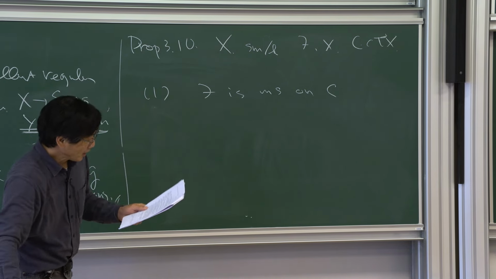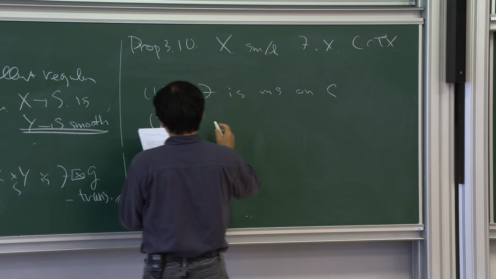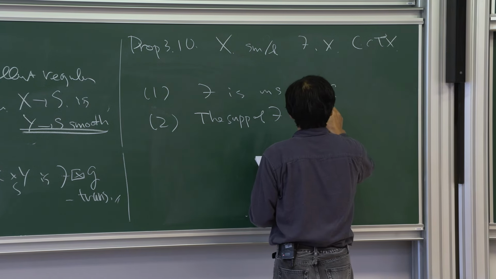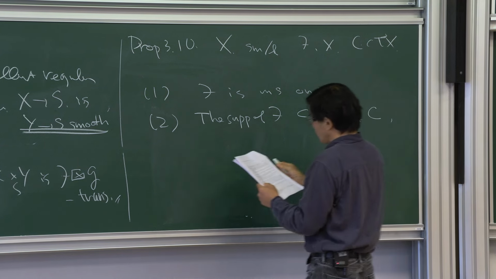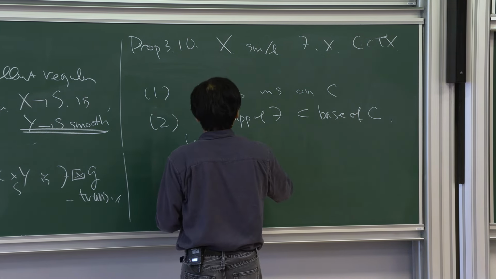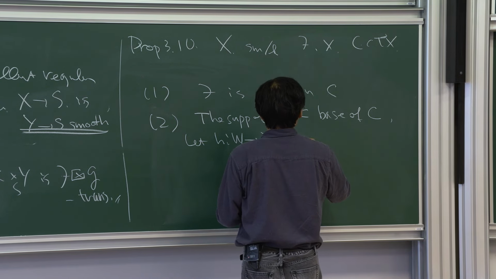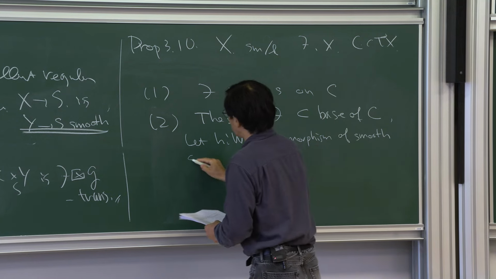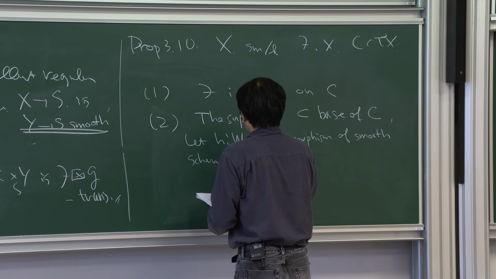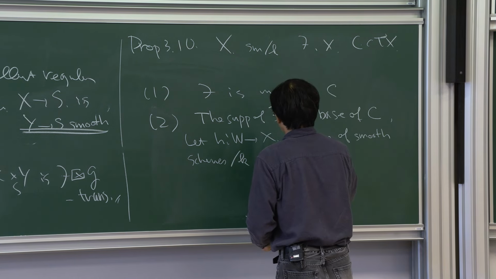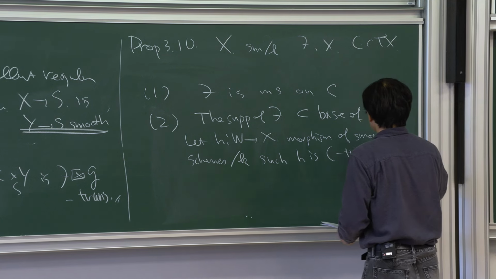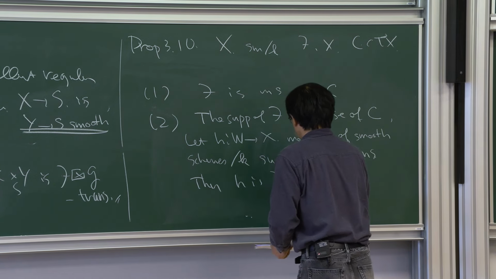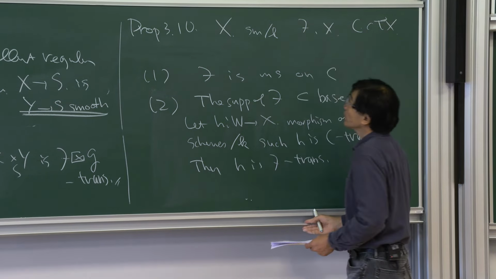We consider these conditions. The first one is the same, and the second one, the support of F is a subset of the base of C, and let H be a morphism of smooth schemes over K such that H is C-transversal. Then H is F-transversal.